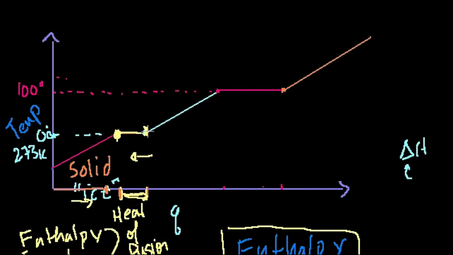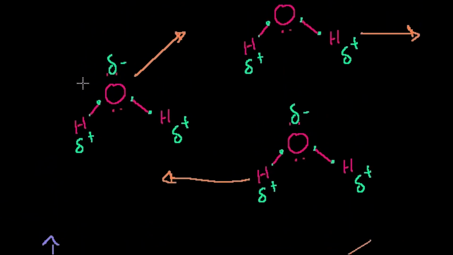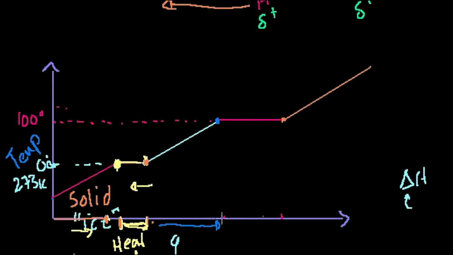And then, once you are fully a liquid, then you just become a warmer and warmer liquid. Now the heat is once again being used for kinetic energy. Right? You're making the water molecules move past each other faster and faster and faster to some point where they want to just completely disassociate from each other. They want to not even slide past each other, just completely jump away from each other. And that's right here. This is the heat of vaporization.